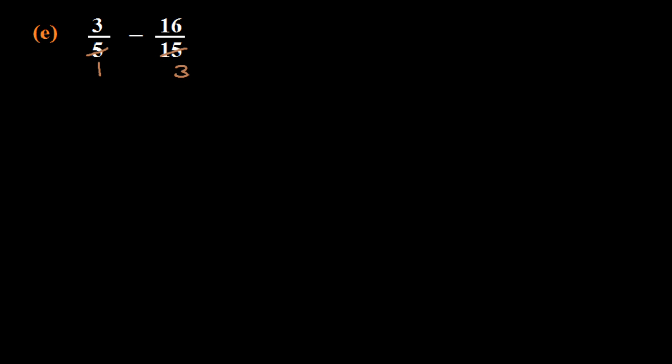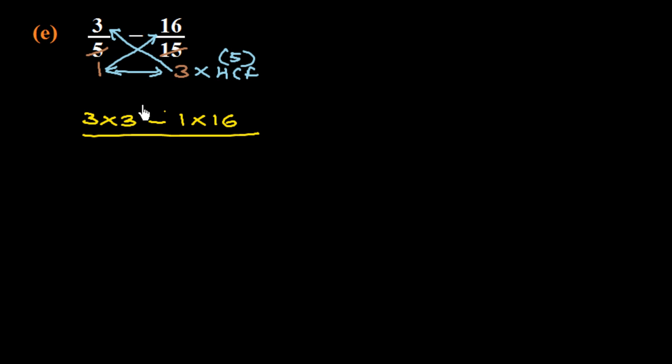So now what we have to do is multiply these 3 here in the crisscross technique and 1 here, and the denominators together along with their SCF. So here the SCF is 5 because we have divided both numbers by 5. So now we simplify this. 3 with 3, minus 1 into 16, and in the denominator 1 into 3 into SCF, so 1 into 3 into 5.